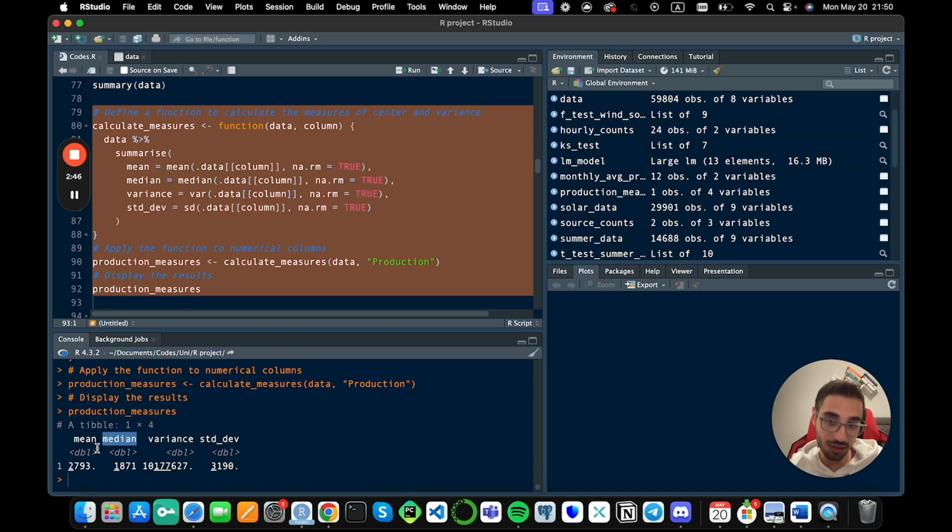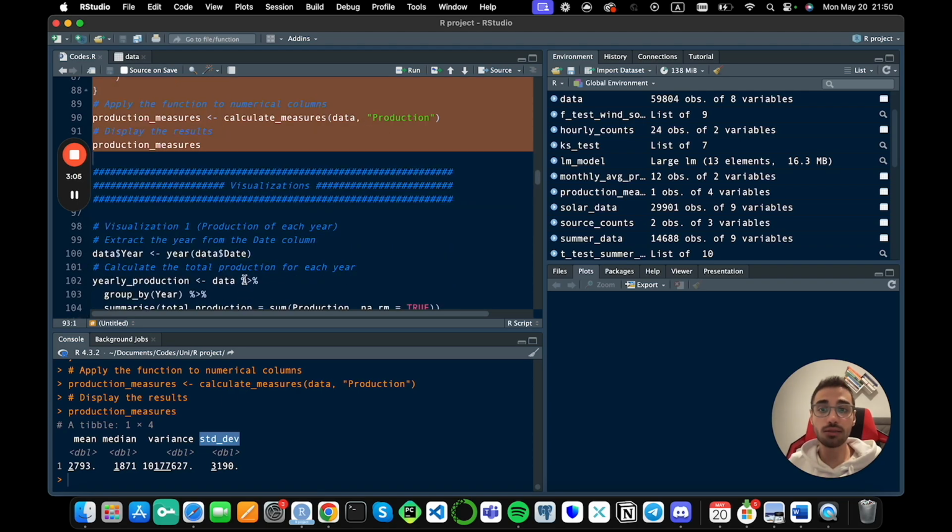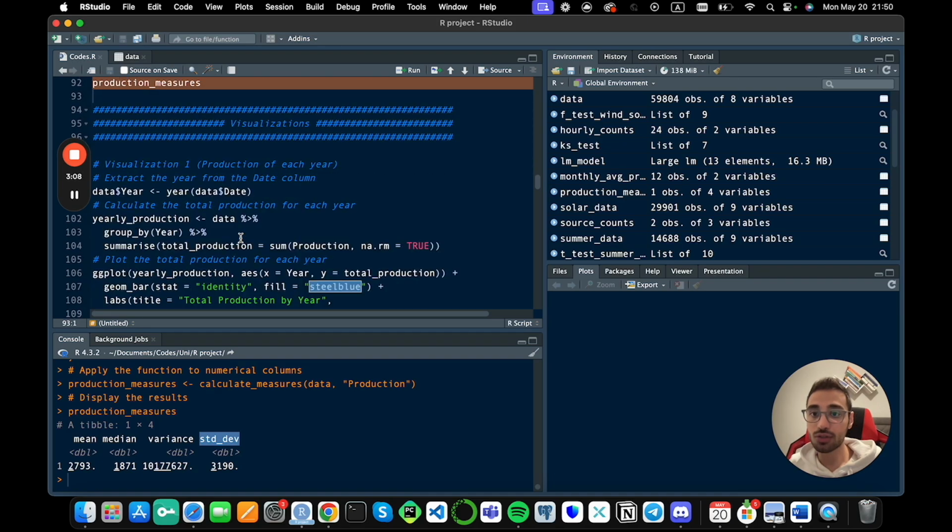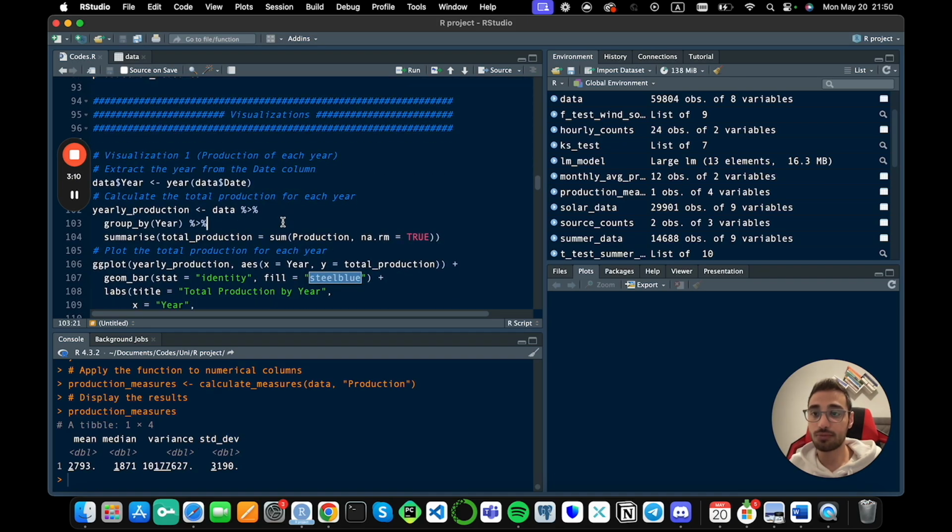So we can understand that our distribution is probably right skewed because the mean is greater than median, and the standard deviation is 3119. So let's go and start visualizations to understand better.